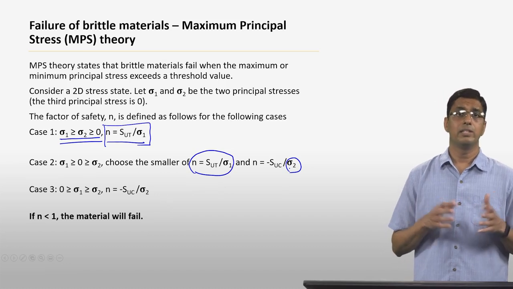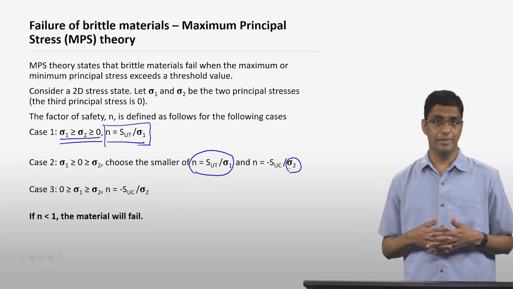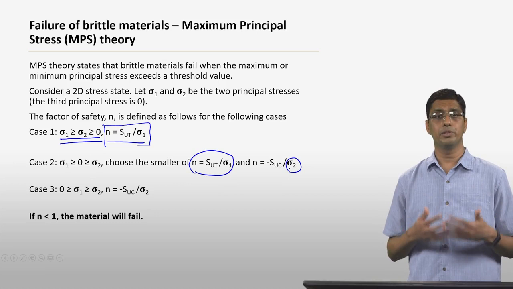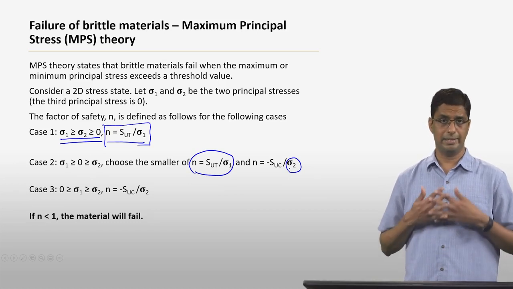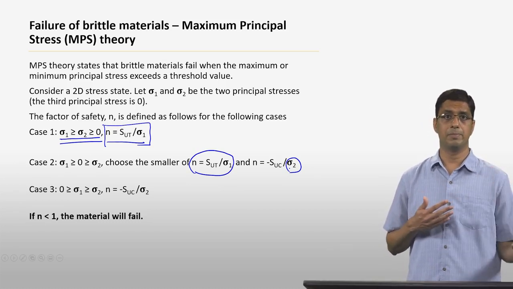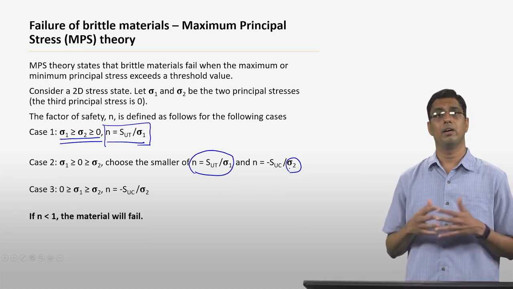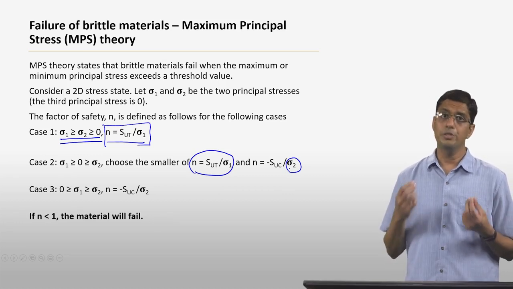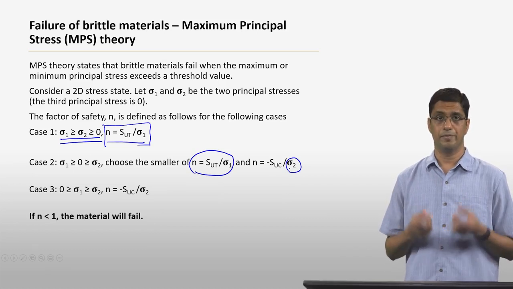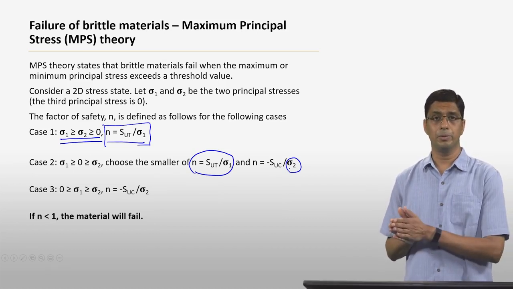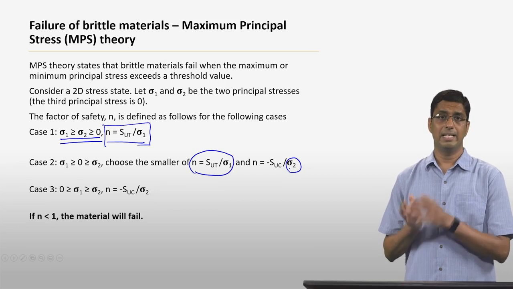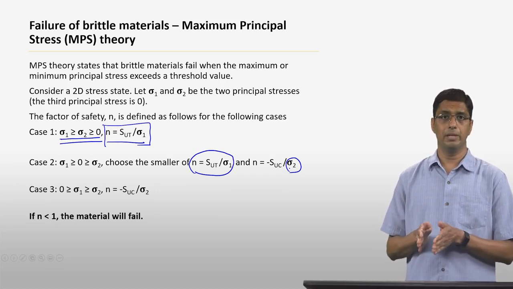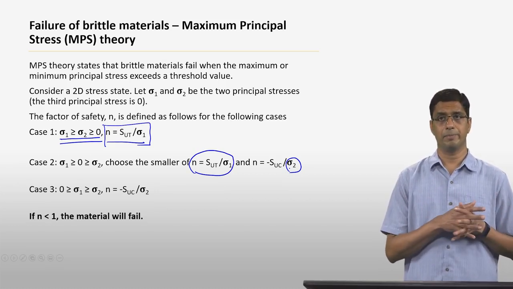Now if you look at case number 3, both sigma 1 and sigma 2 are negative. Both the first principal stress and the second principal stress are negative, and we know that sigma 1 is numerically greater than sigma 2. Which means that if both are negative, then the absolute value of sigma 2 will be greater than the absolute value of sigma 1.